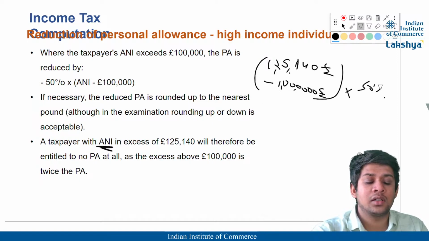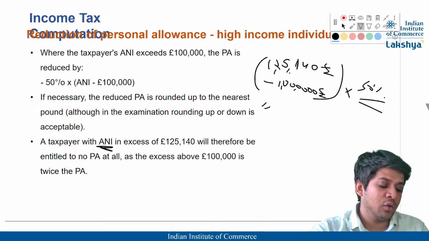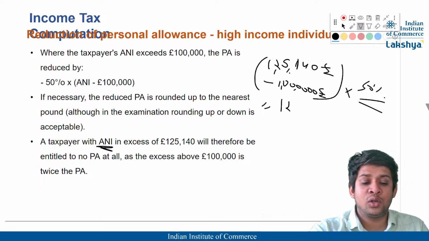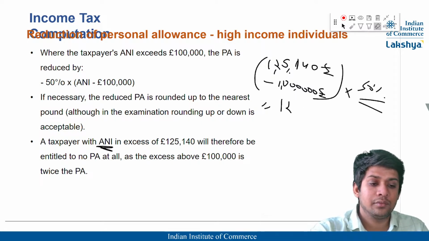into 50%. So I will identify the reduction in PA: 1,25,140 minus 1 lakh, which is 25,140, into 50%. That is, I will have to reduce my PA by 12,570.